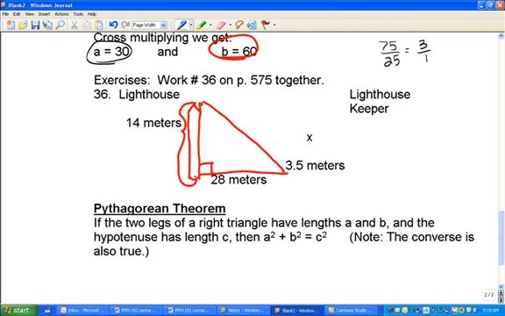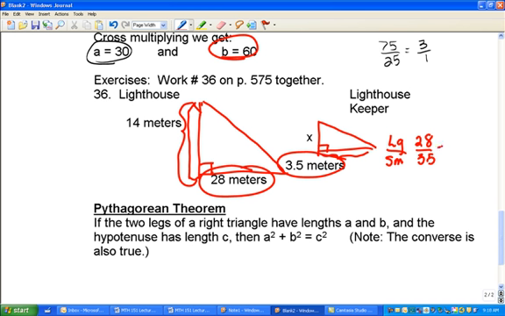The lighthouse keeper, on the other hand, is casting a shadow that's 3.5 meters long. So we want to know how tall the lighthouse keeper is. I'm going to do large to small. So 28 to 3.5, that's the two bases. Large to small. Equals 14 to x.